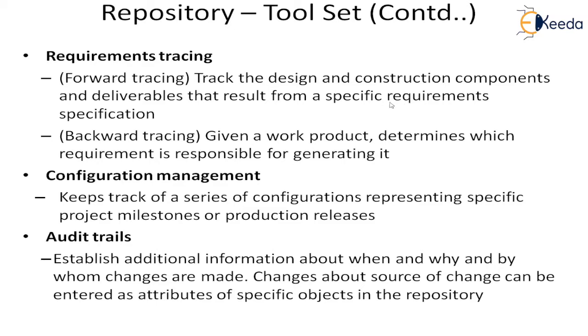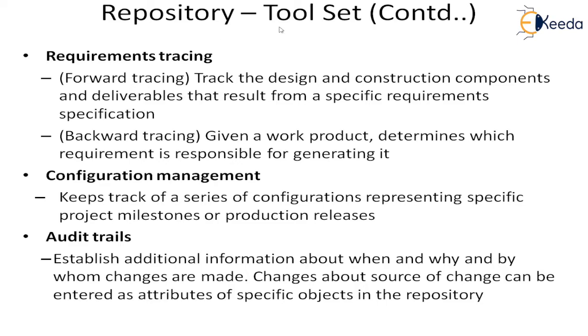In this requirement specification, we have some identified numbers, and for each one, we are able to say that this requirement is done in this design model. This design model is implemented in this component. So that is called forward tracking.